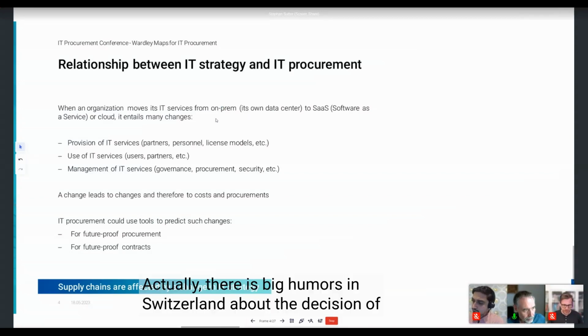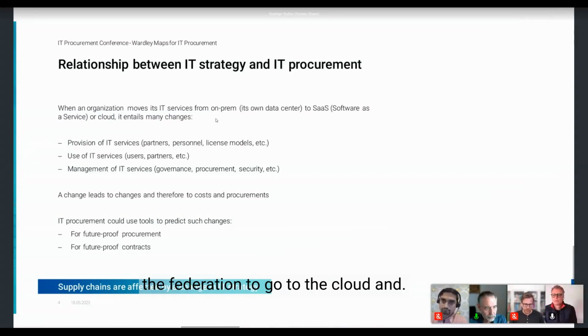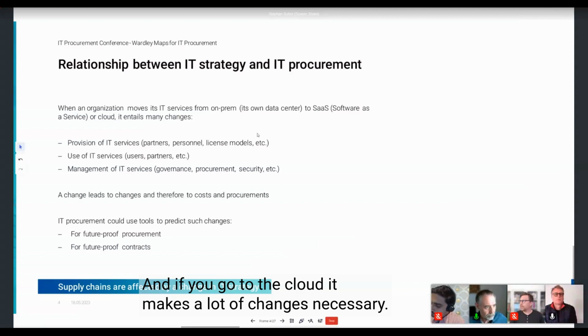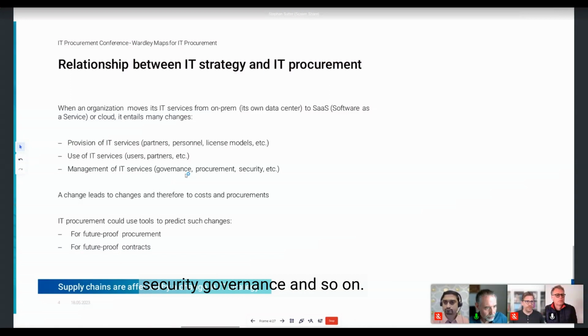Actually, there are big rumors in Switzerland about the decision of the federation to go to the cloud, and there is a lot of inertia to go to the cloud. Well, if you go to the cloud, it makes a lot of changes necessary: how you provision your IT services, who your partners are, how to ensure security, governance, and so on.